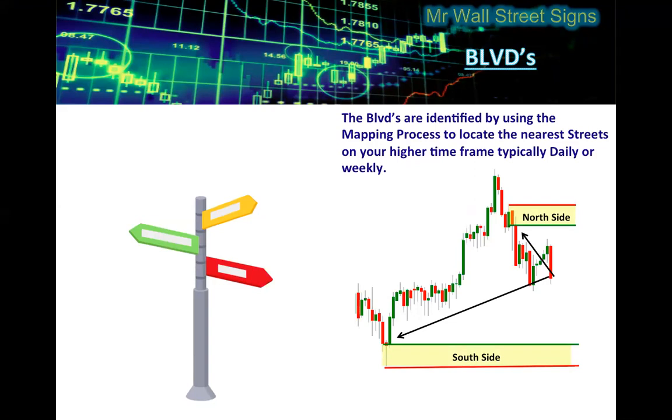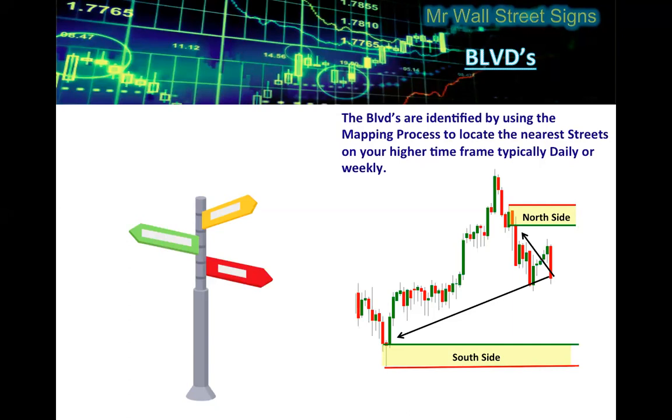All this is identifying our higher time frame streets. If we're a day trader trading on, let's say, a 15-minute, that may be our 4-hour, or maybe even going down to your hourly. Now, as a short-term swing trader who's trading on an hourly time frame for your entries, you may be going to your daily to identify your boulevards.